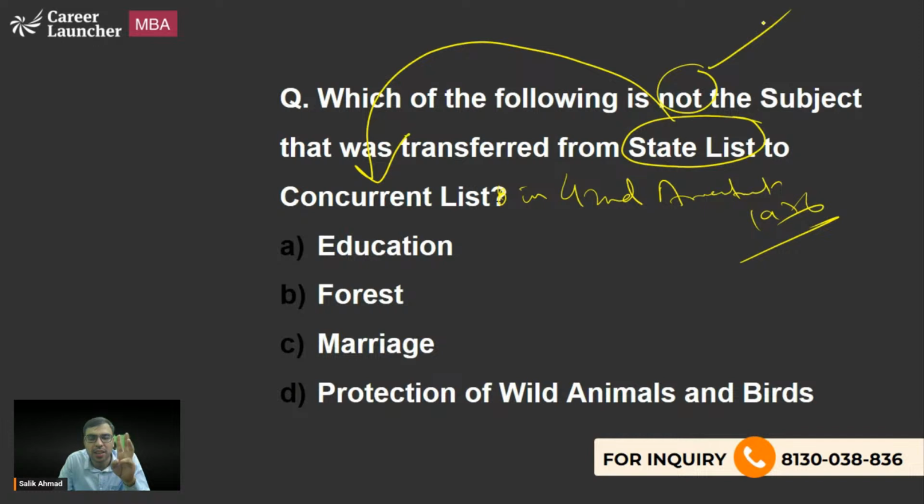Education, forest, marriage, protection of wild animals and birds. So the right answer is C. Marriage was already there in the concurrent list since the beginning.